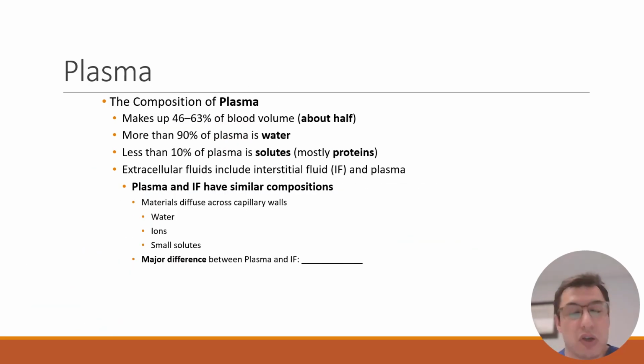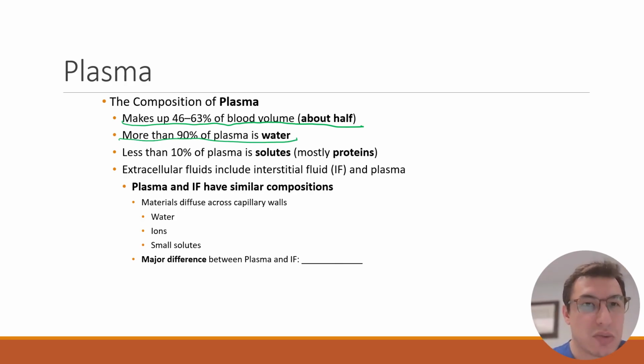Now, moving on to the other side of the coin, plasma. So what is plasma? It makes up about 46-63% of whole blood, so about 50-50. 90-92% of it is water. About 7-10% of it is solids such as proteins.